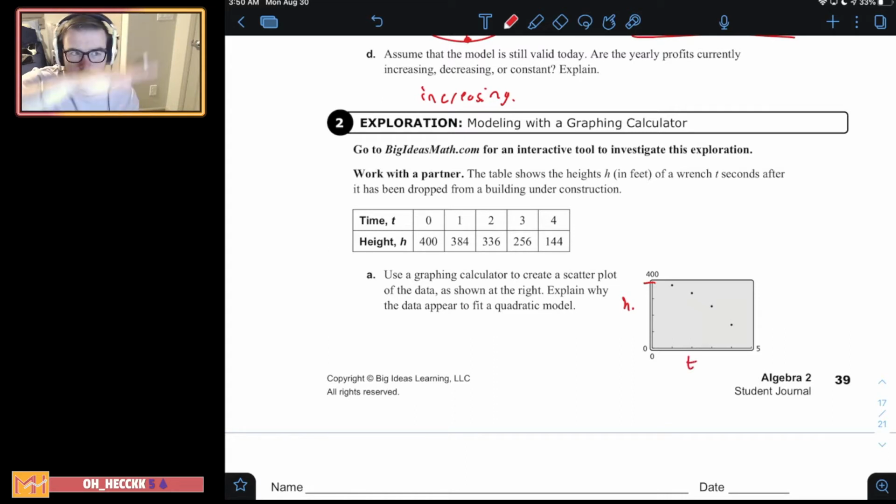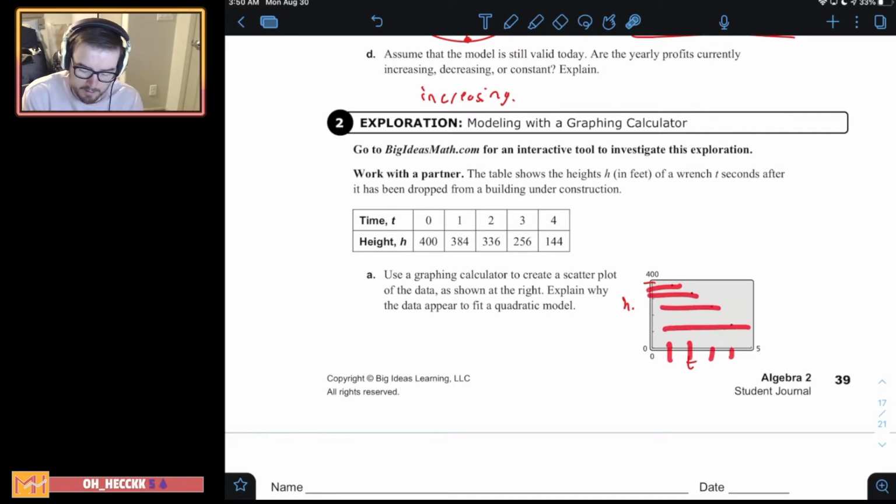So t is our time, and it just drops down. The height is getting shorter and shorter as it reaches the ground as time goes on. 1 second after it drops, 2 seconds after, 3 seconds after, 4 seconds after it drops. It takes a little bit of time, but eventually it'll hit the ground.